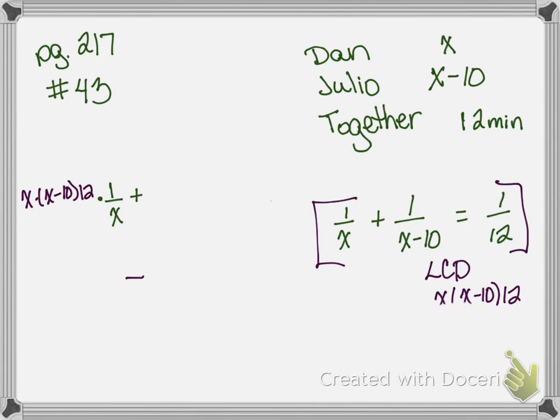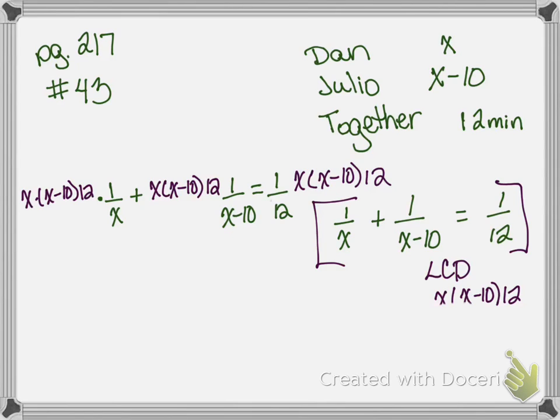And then I'm going to write it again, my LCD, x times x minus 10 times 12, and I am multiplying that times 1 over x minus 10, and that is equal to 1/12 times my LCD again. So I have to multiply that LCD times every single thing.